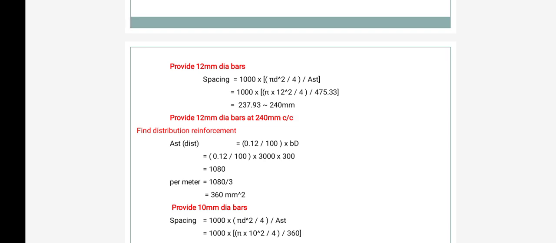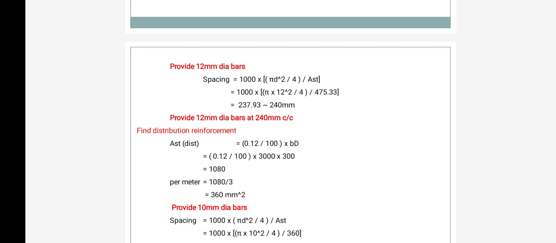Next, spacing of rod. Spacing of rod is equal to small ast divided by capital Ast into 1000. Therefore answer is 237.240 mm. Provide spacing 240 mm. So provide 12 mm diameter bar at 240 mm center to center. And distribution reinforcement is equal to 0.12 divided by 100 into breadth into depth.